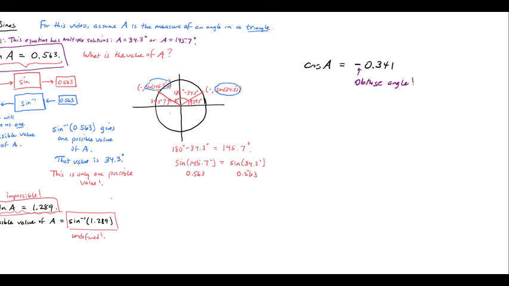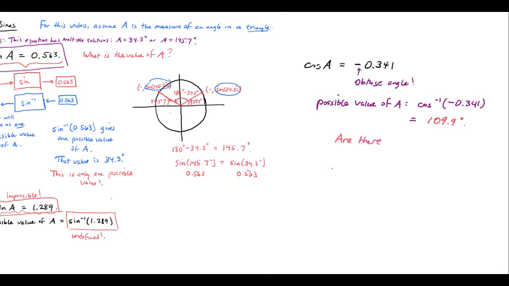Okay, so I can actually use my calculator to figure out one possible value of A. Possible value of A would be the inverse cosine of negative 0.341, which, according to Cortana, arc cosine of negative 0.341 in degrees comes out to 109.9 degrees. Okay, so that is one possible value of A.